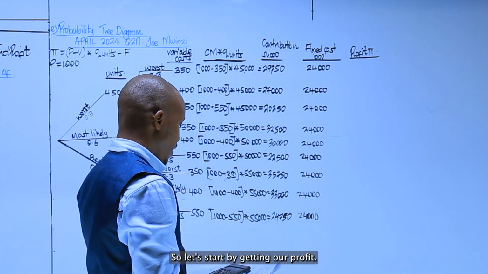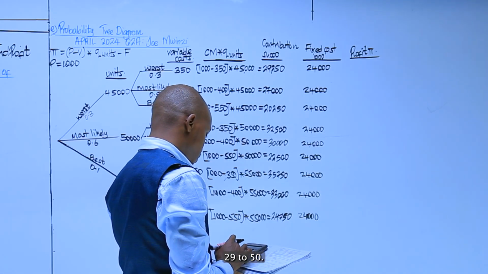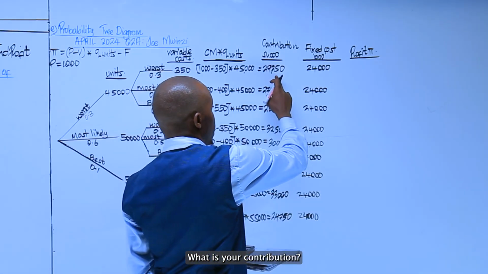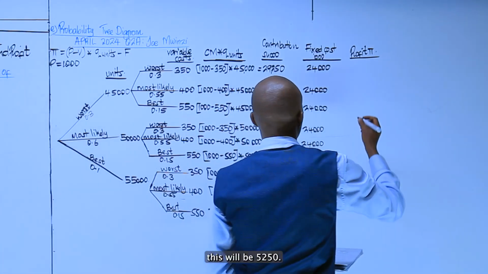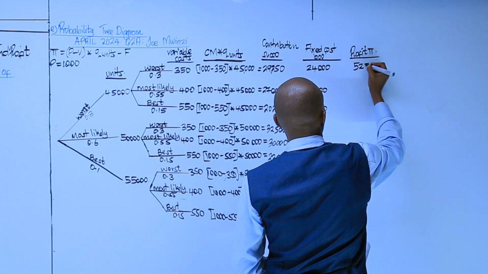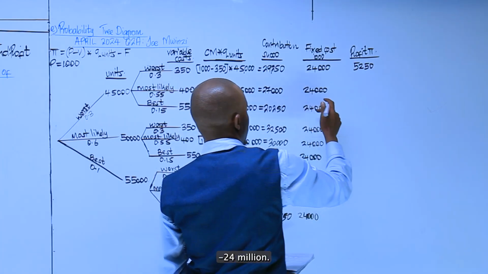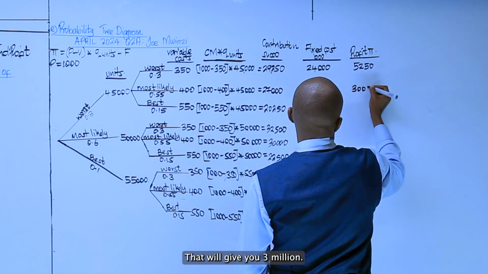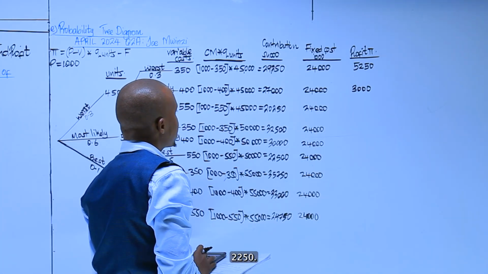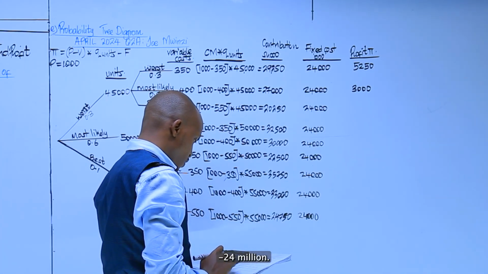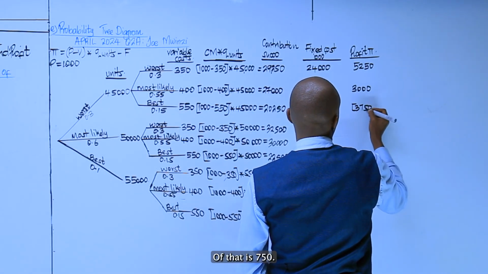So let's start by getting our profit. 29,250, which is your contribution, minus your fixed cost of 24 million, will be 5,250. 27 million minus 24 million will give you 3 million. 20,250 minus 24 million will give you a negative profit of 3,750.